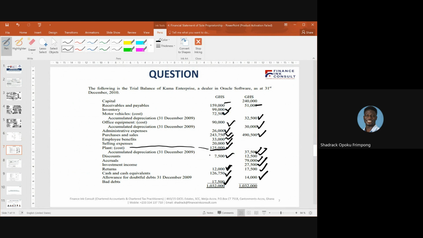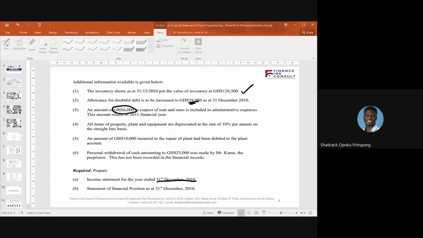What the examiner is saying is that 10,000 was used to repair this plant, and repair and maintenance is an expense. It's part of our operating expense, but rather what they did was to add it to the cost of the plant, which shouldn't be so. So you have to make the necessary revision. It means we have to revise this amount and reduce the 10,000 from it.